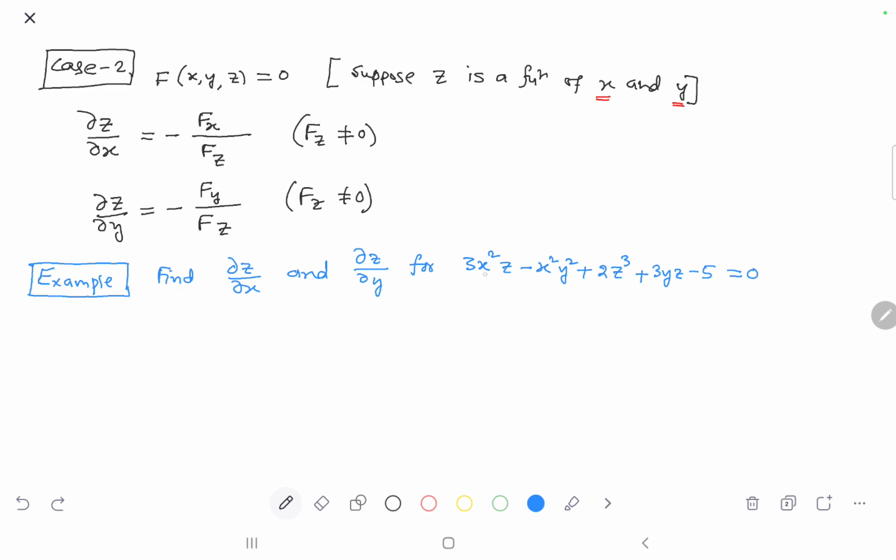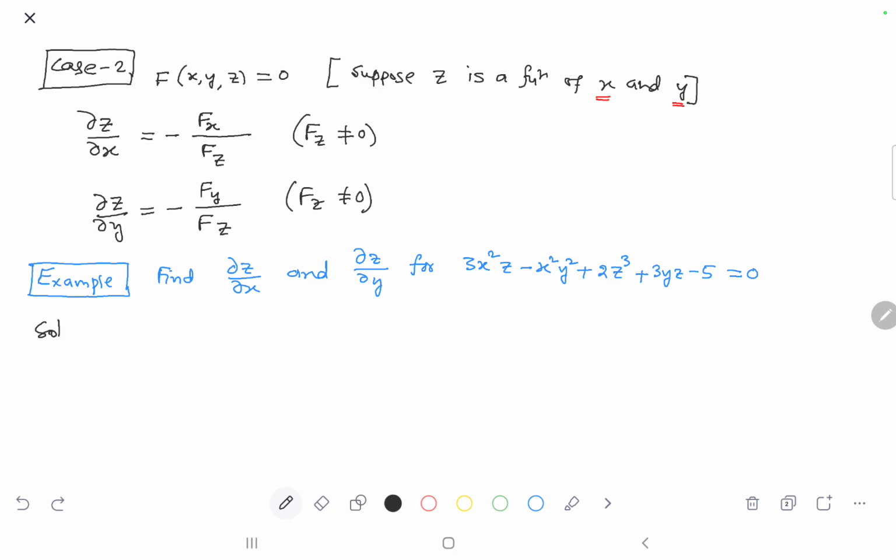So here we have a relation between x, y and g. We want to calculate the partial derivative of g with respect to x and the partial derivative of g with respect to y. So it is the second case, right?